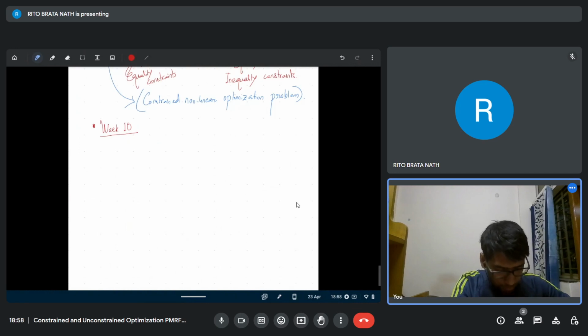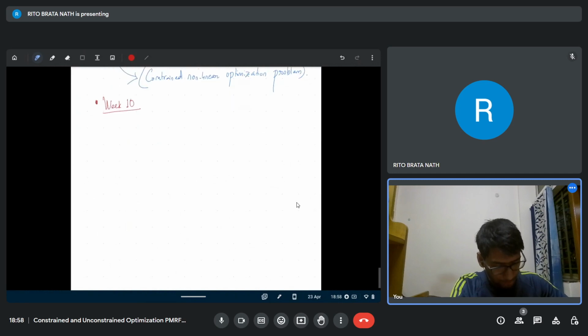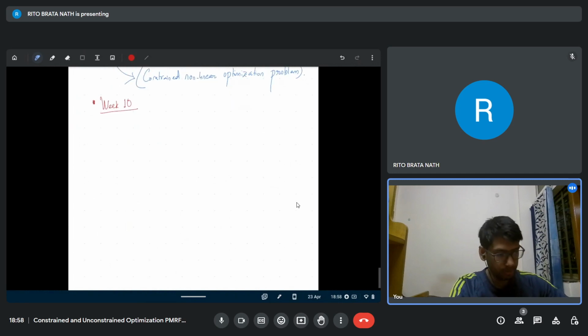So in week 10, what you have is directions. One is the feasible direction, and the other would be descent or ascent directions.